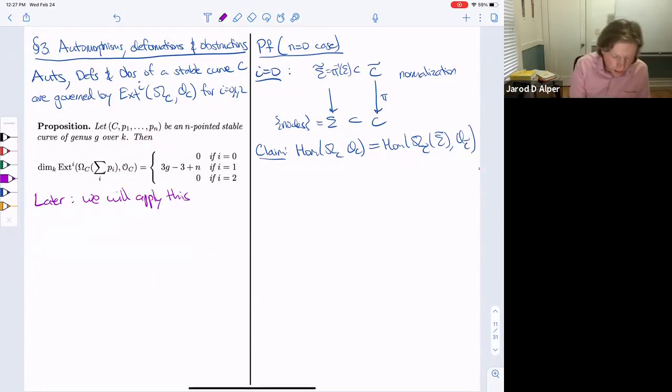We're going to apply this because Ext^0 being 0 implies that there are no infinitesimal automorphisms. We already know that the automorphism groups are finite, but this tells us that they're even non-reduced.